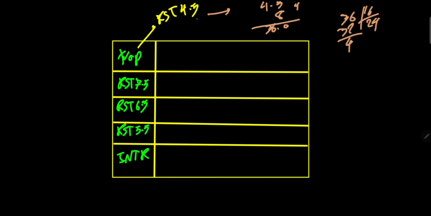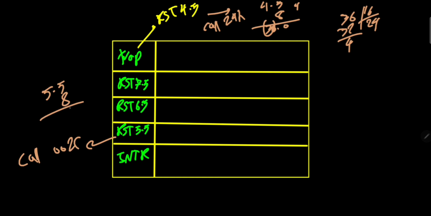So maybe RST 4.5 means call to 24 in hex or call to 36 in decimal. And if we have 5.5, maybe this means call 002C, because 5.5 times 8 is 44 in decimal, and 44 in hex is 2C.